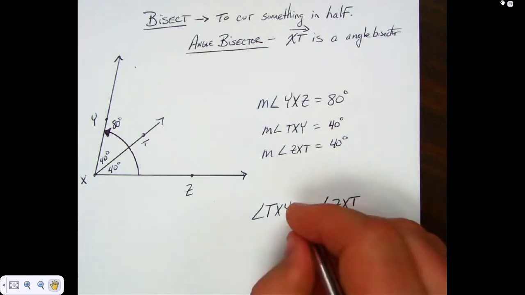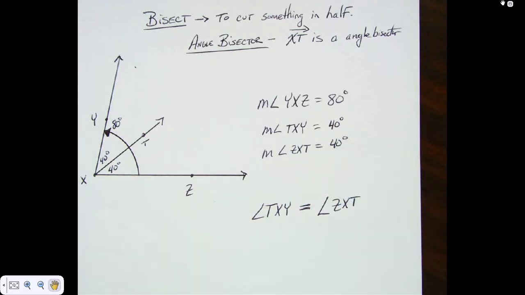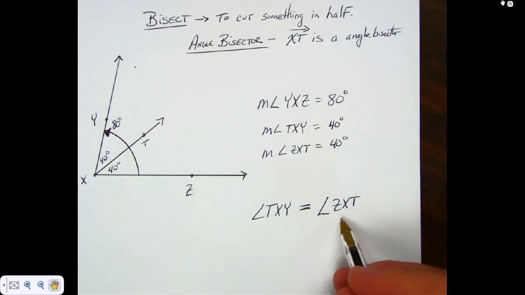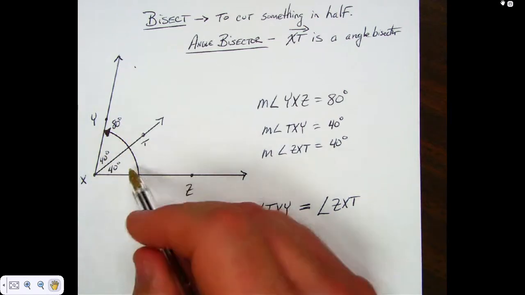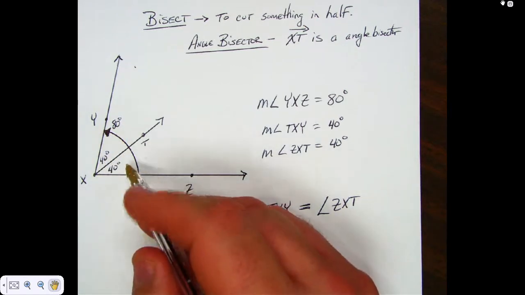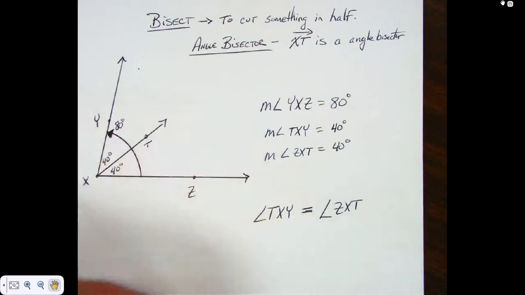Because you don't have that wave on. What does equal mean? The exact same thing, right? Is TXY the exact same thing as ZXT? TXY is up here and ZXT is down here. But what do you think I'm trying to get at? That they're the same what? Measure or the same size, correct?